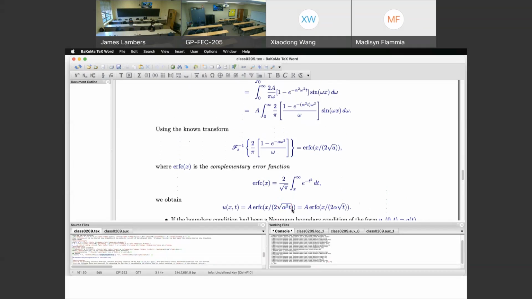This right here? Okay, this expression fits this one, as long as the constant a here is equal to alpha squared t. So alpha squared t goes here, and that's where we see it down here.